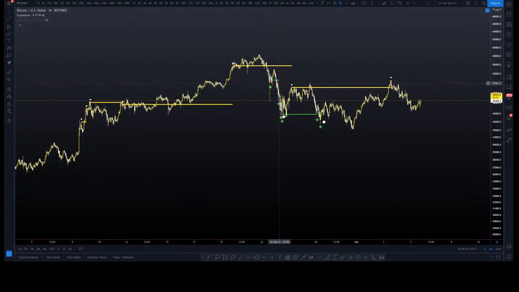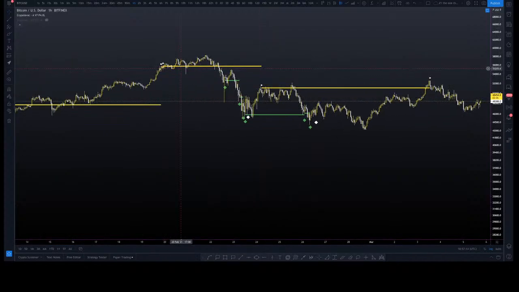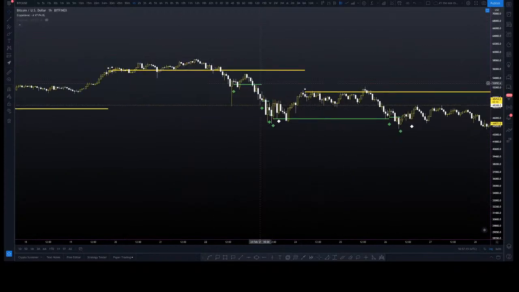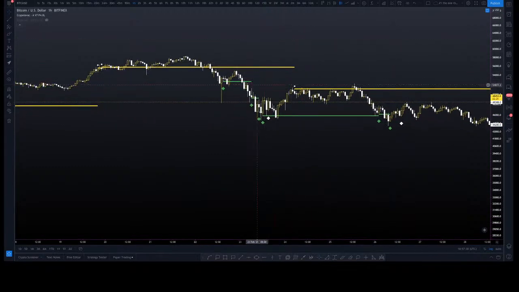When there's another green diamond, there should be another green line, but it also signifies that the previous green line has been printed. Green diamond, line, green line ended, green line printed, and so on. They always line up with each other.